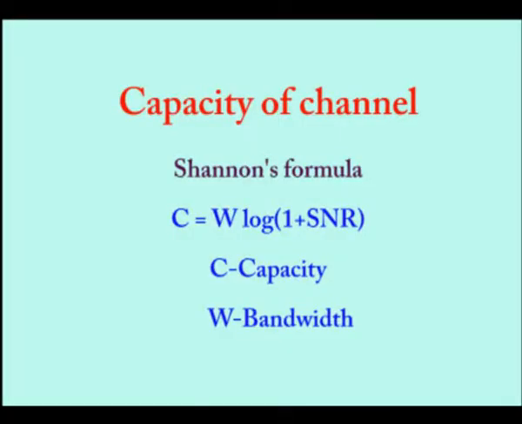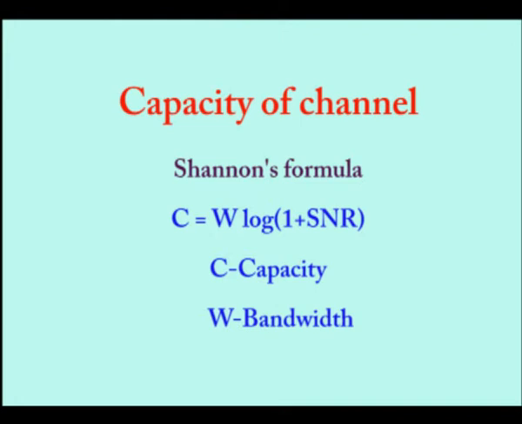What this formula tells us is, given a signal to noise ratio, SNR, for a particular channel, and W as the bandwidth of the channel, it gives me the capacity of the channel in terms of these two figures. So, C is given as W times log of 1 plus SNR. SNR here is not measured in decibels, but as a ratio.